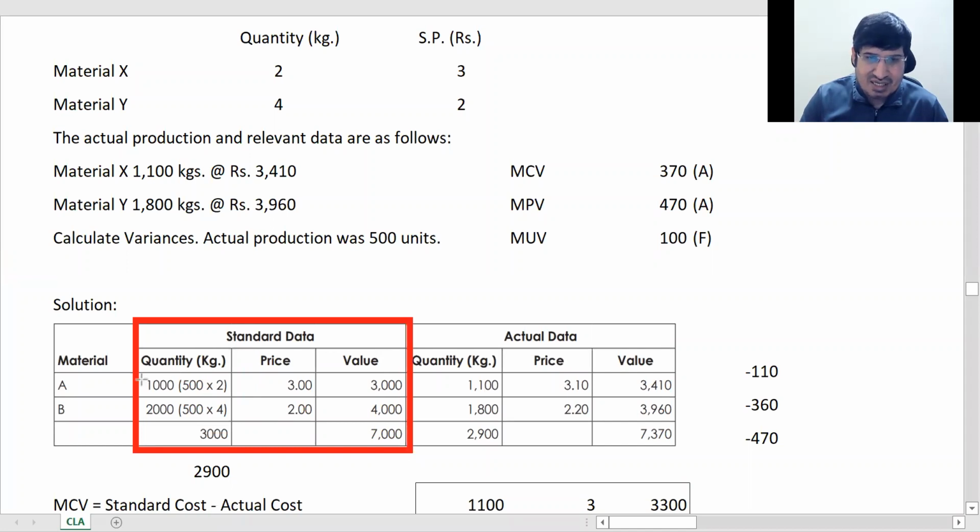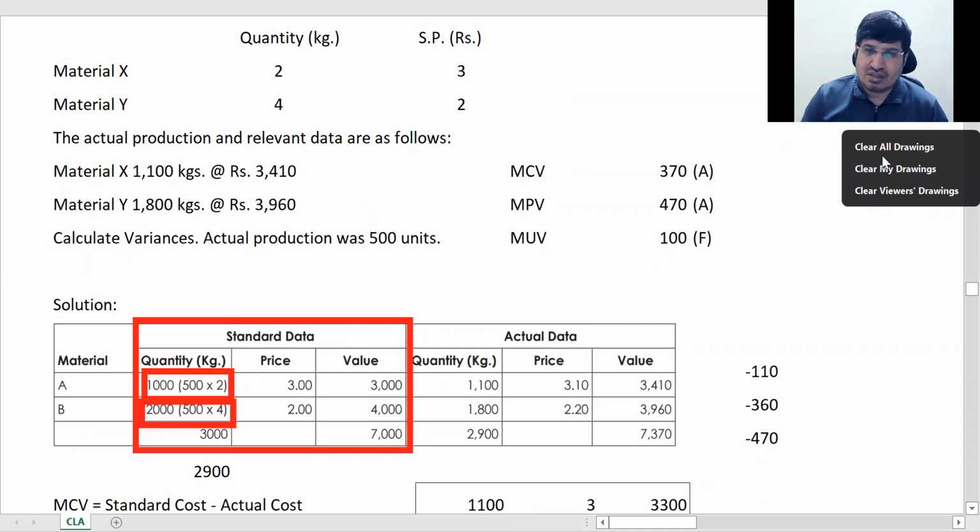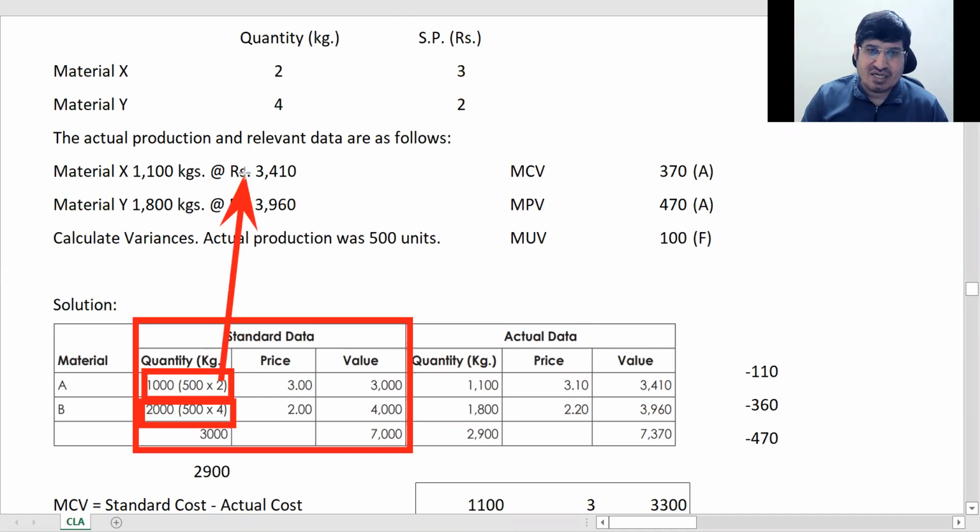Okay, basically here this and this we calculated. Okay, so this 2 is nothing but this 2.